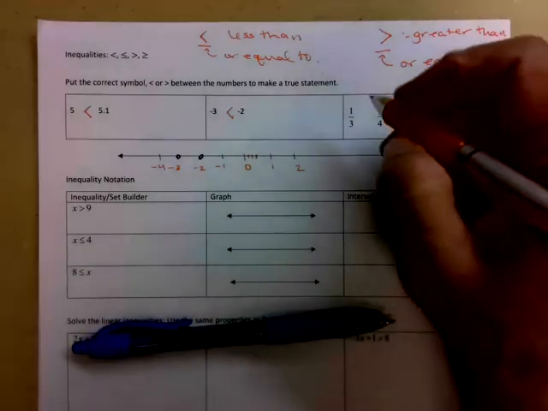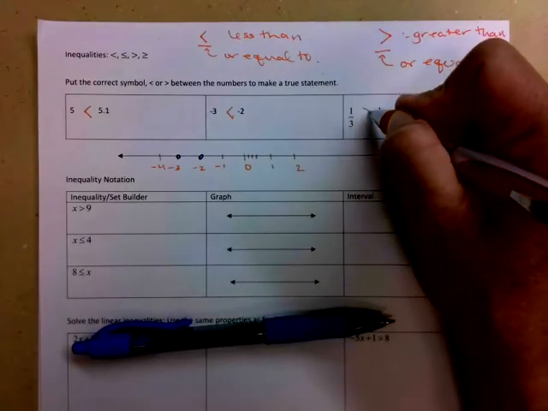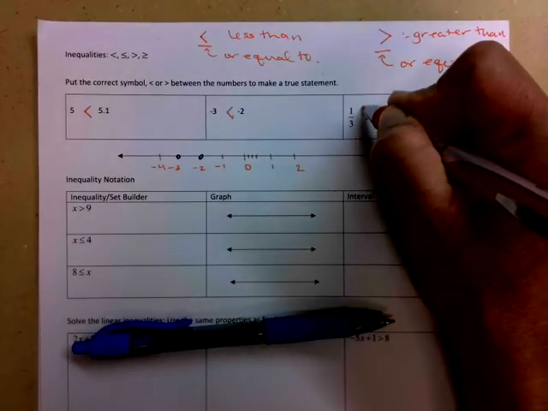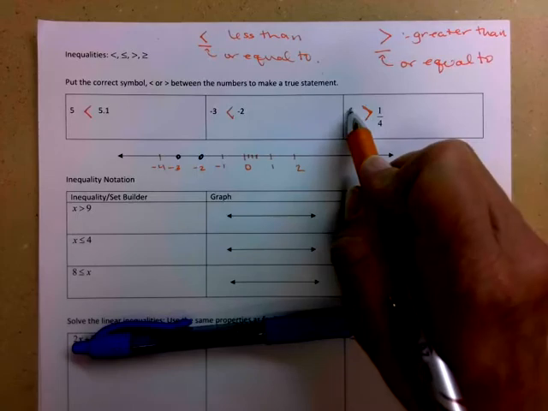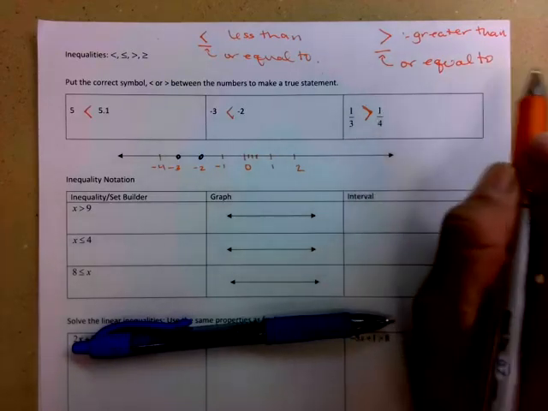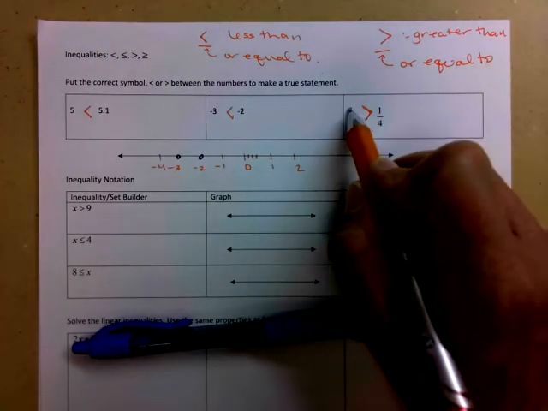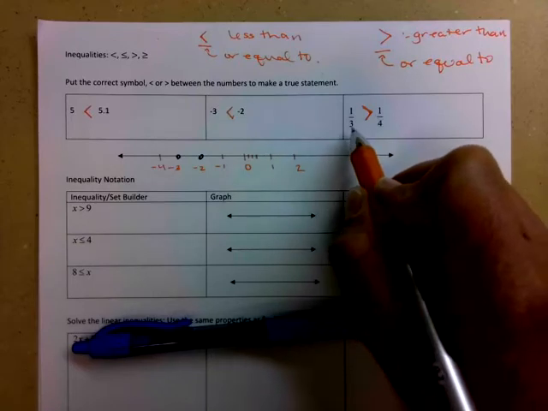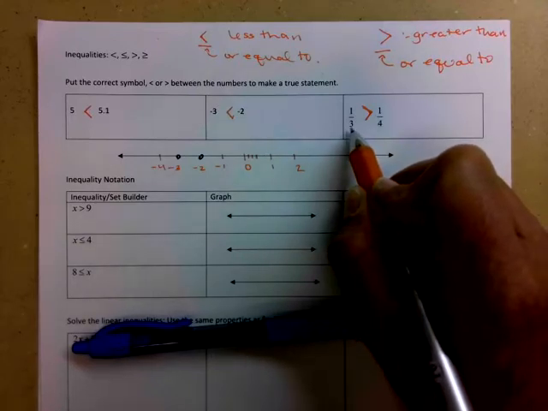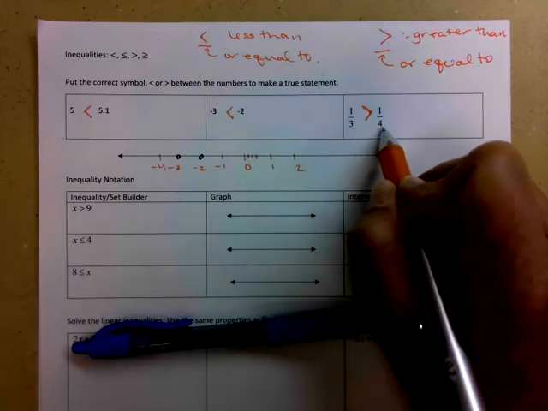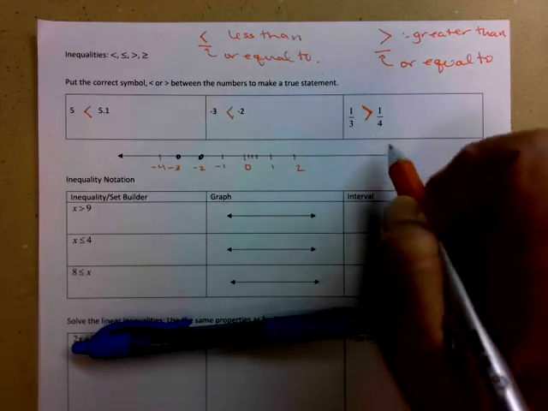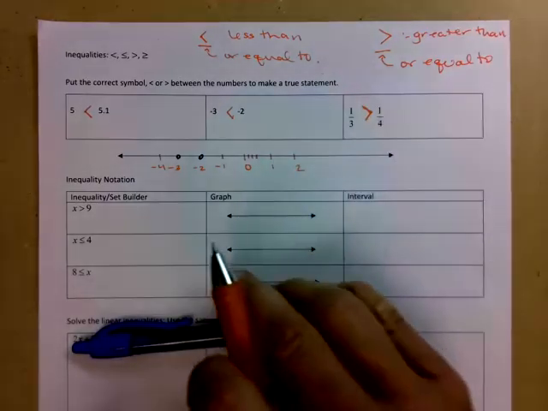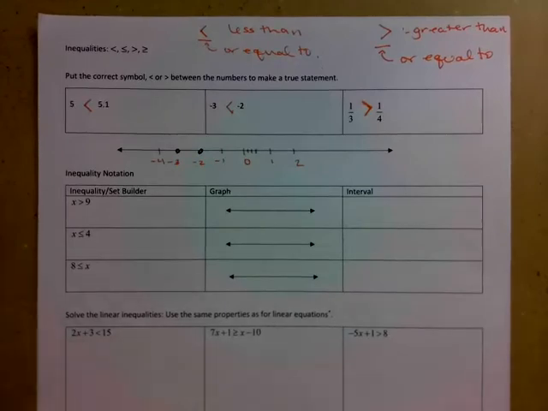Well, if you're like me, you would rather have 1/3 because it's more. So in fractions, if we're positive and the numerators are the same, the bigger the denominator, the smaller the fraction.